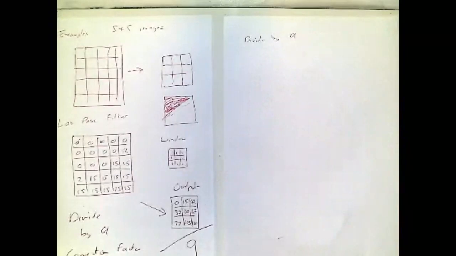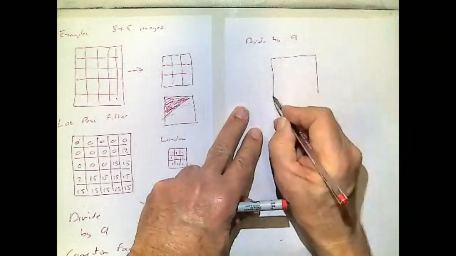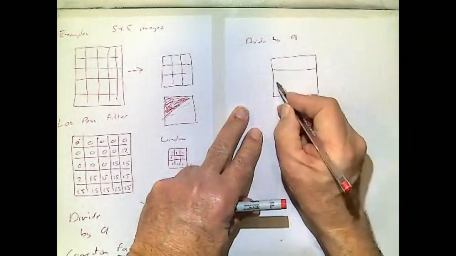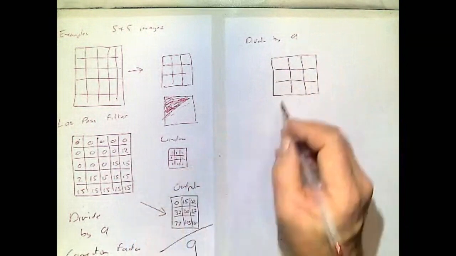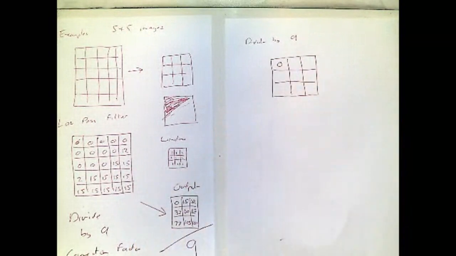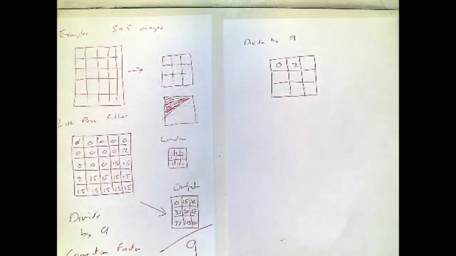Naught divided by 9 is obviously naught. 15 divided by 9, it's got to be an integer. What do you suggest? 2, I think. Yes? 42 divided by 9.